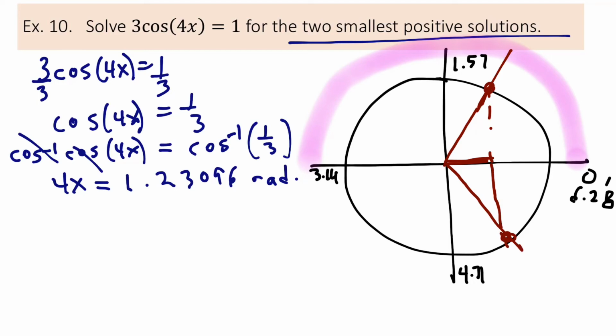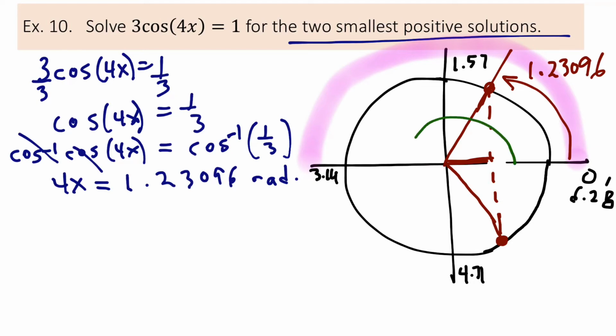All right, so if this one here is 1.23096, we want to also figure out what this one here is as well. All right, so what we can see from the symmetry here is it's 1.23096 in the positive direction to hit this terminal side, and it's 1.23096 in the negative direction to hit this terminal side.